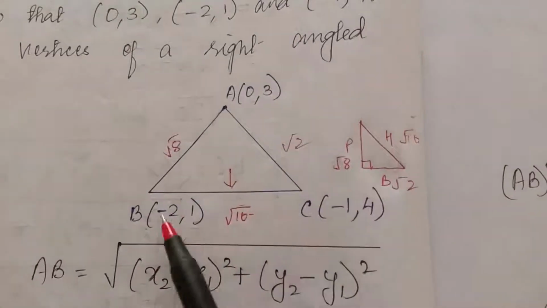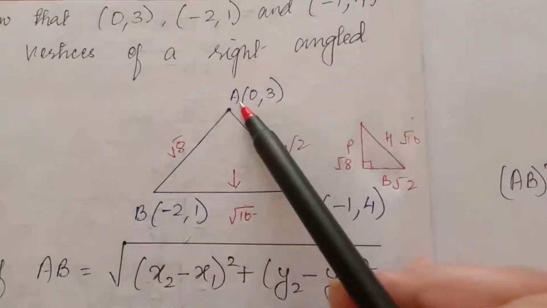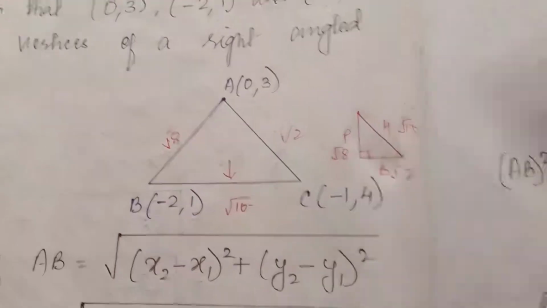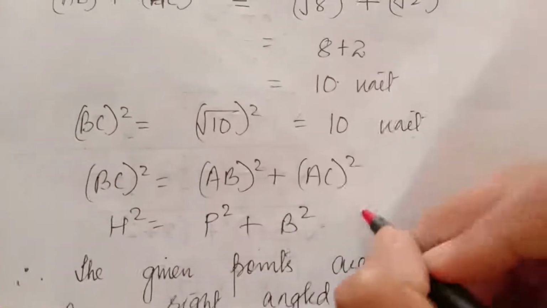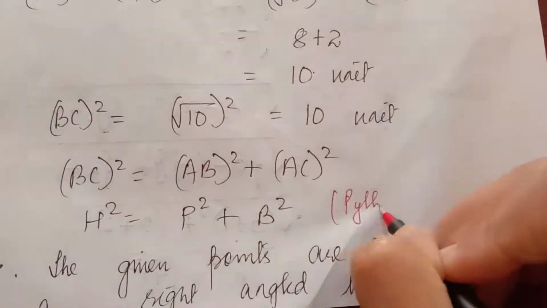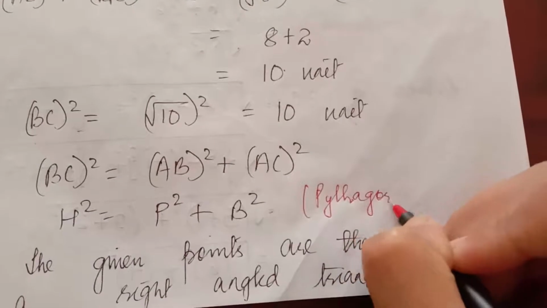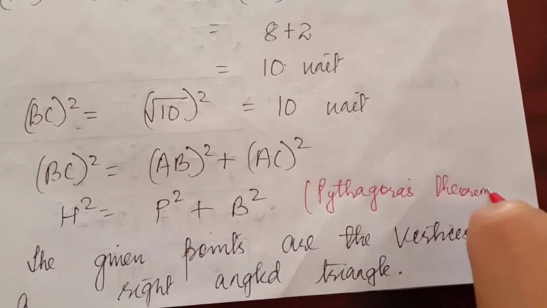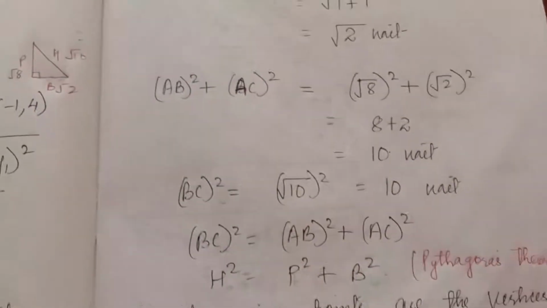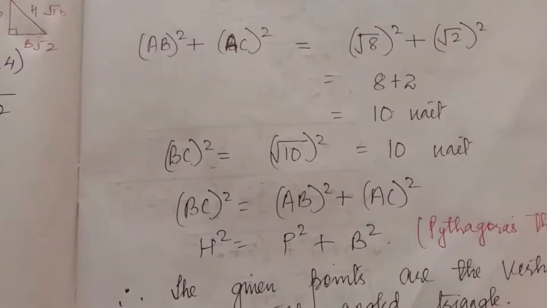BC is the hypotenuse. So the given points are the vertices of a right angled triangle, because here the Pythagoras theorem is applicable. The Pythagoras theorem is applicable only in the case of a right angled triangle.